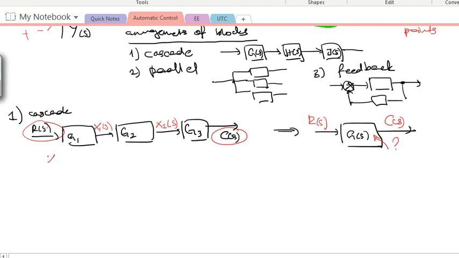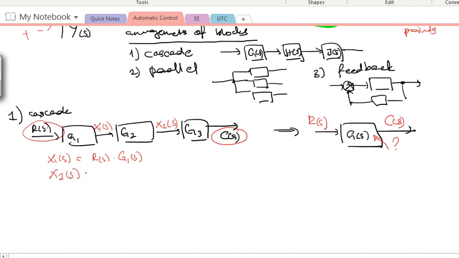So here we know X1(s). What does X1(s) equal? It's R(s) multiplied by G1(s). So that's pretty simple. X1(s) is also the input to G2. Let's see next what X2(s) equals.